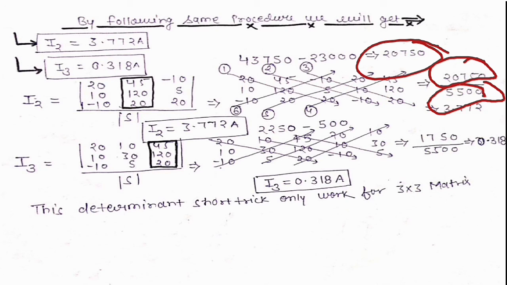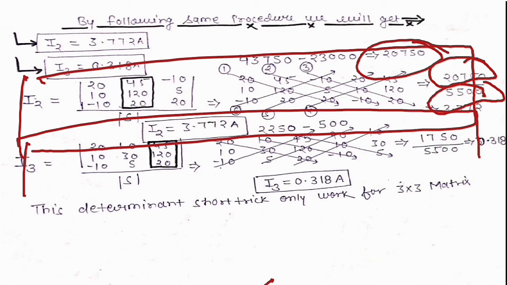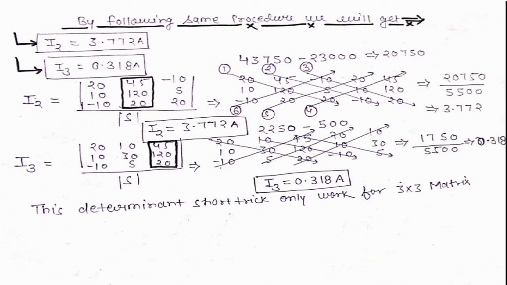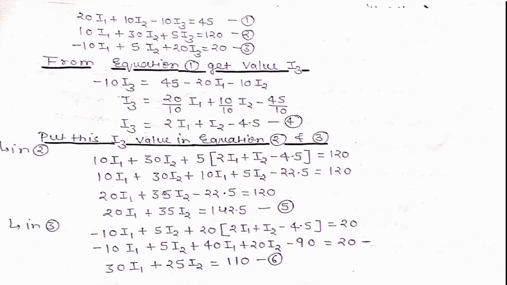So here you see we will get I2, and you can say I3 value, in a single page. You can get the values of I1, I2, I3 in a single page, but here I showed you how difficult the conventional approach is.